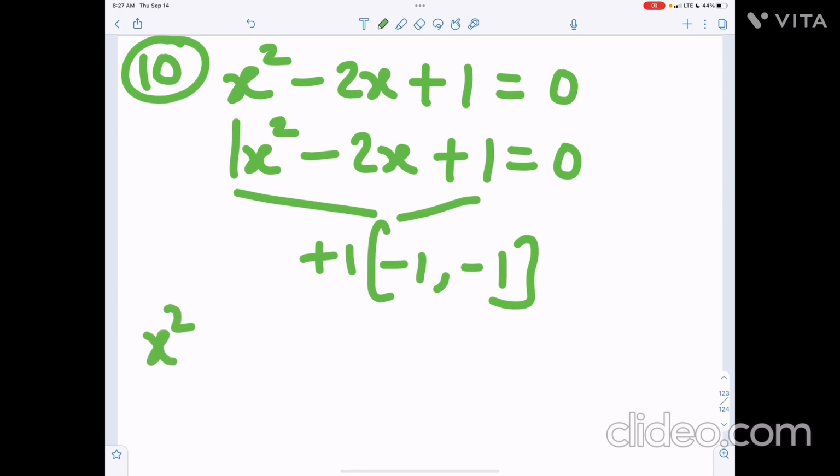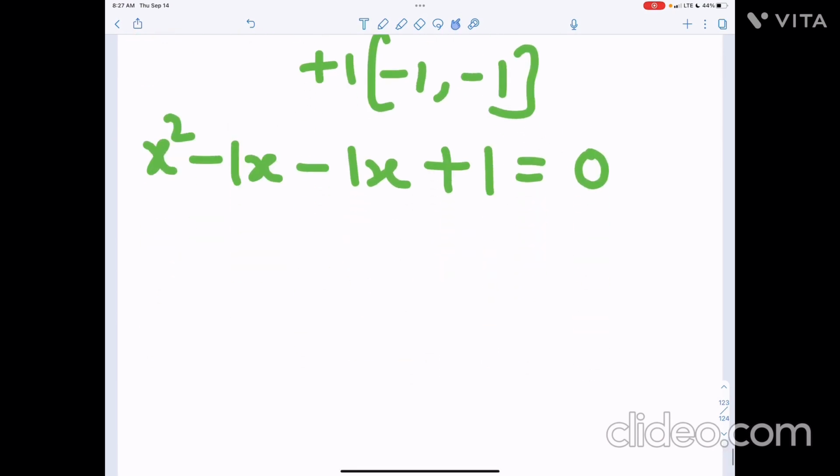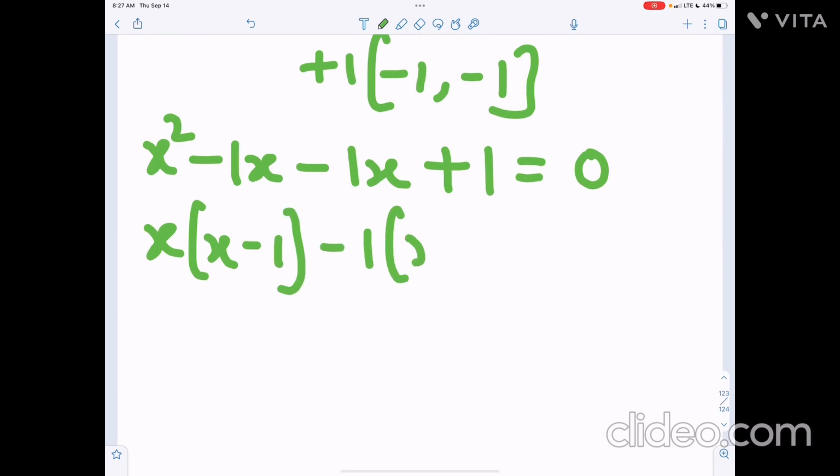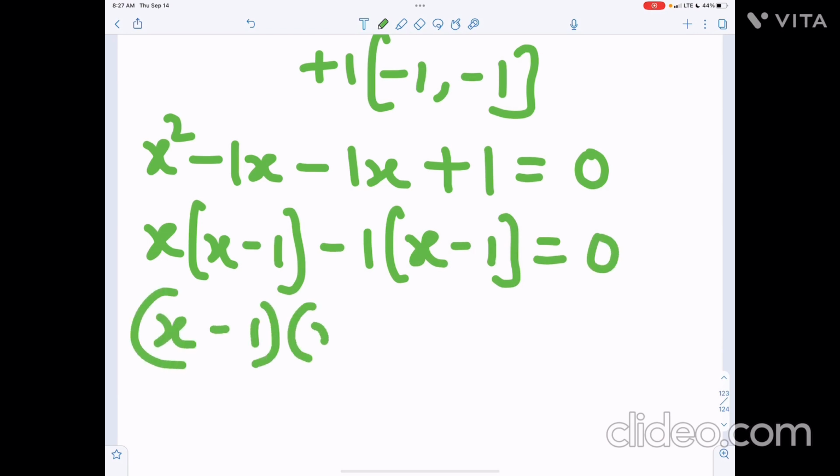I will write this as x squared minus 1x minus 1x plus 1 is 0. I'm not going to be showing all the steps in my factorization. I'm sure you know that perfectly well by now. x minus 1 times x minus 1 is equal to 0.